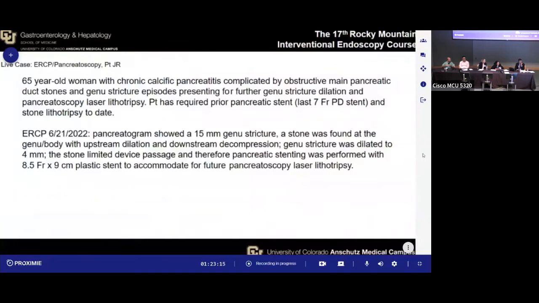Recent ERCP in June 2022 showed a pancreaticogram with a 15 mm genu stricture and a stone found at the genu body with upstream dilation and downstream decompression. The genu stricture was dilated to 4 mm. The stone limited device passage, and therefore pancreatic stenting was performed with an 8.5 French by 9 cm plastic stent to accommodate future pancreatoscopy laser lithotripsy.